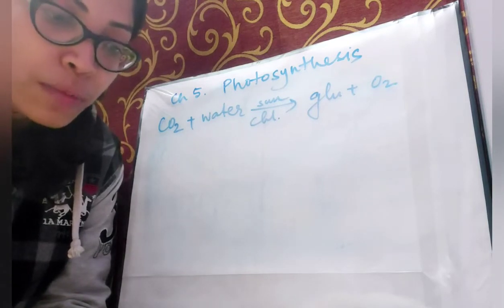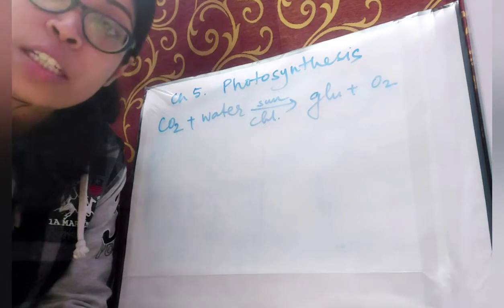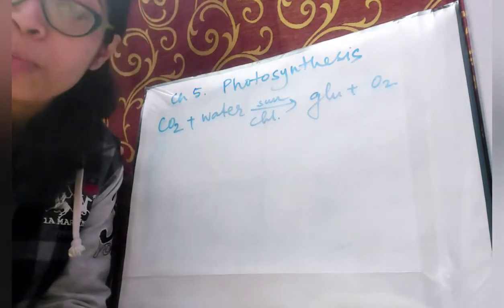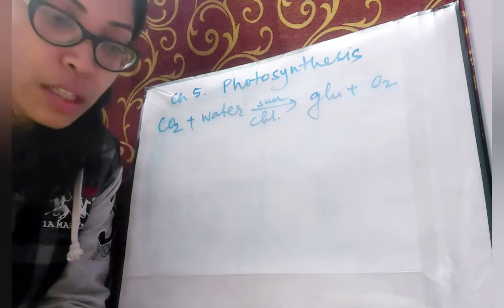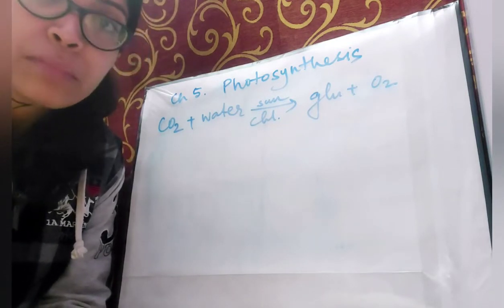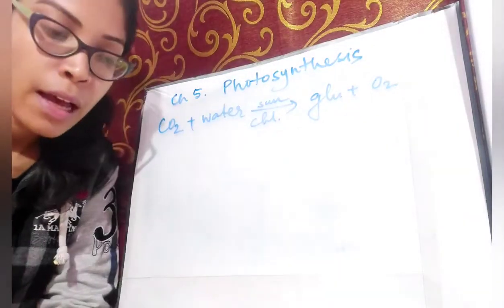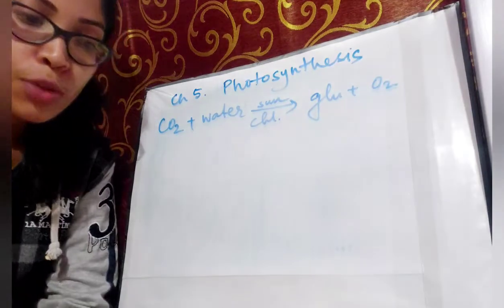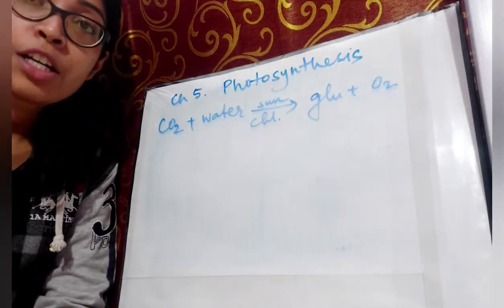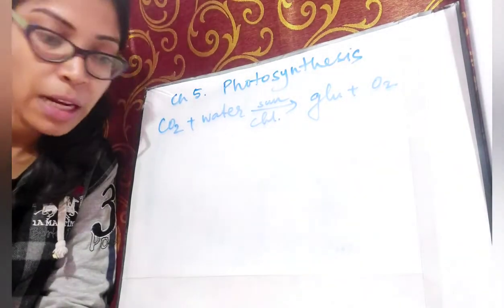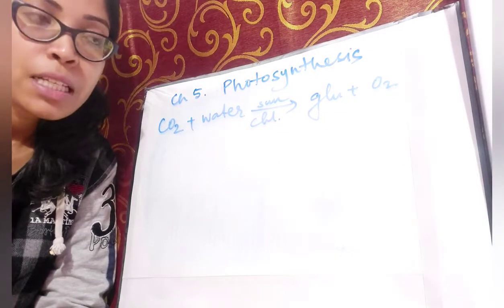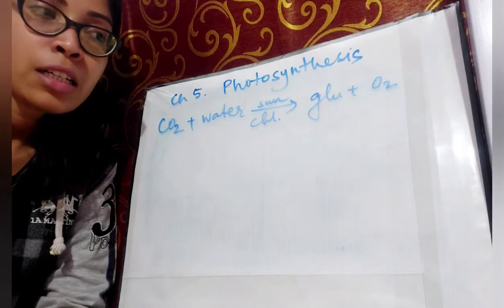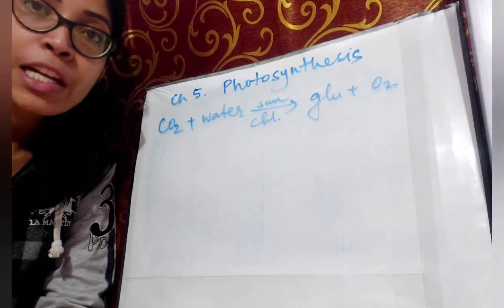Now moving on, the glucose which is produced at the end of the process of photosynthesis is transported from the leaves to the other parts of the plant. So the green leaves are the ones that produce glucose after photosynthesis, right? The glucose thus produced in the leaves is transported to other parts of the plant body, so this glucose acts as the food for the plant, and the plant will get energy from this food.